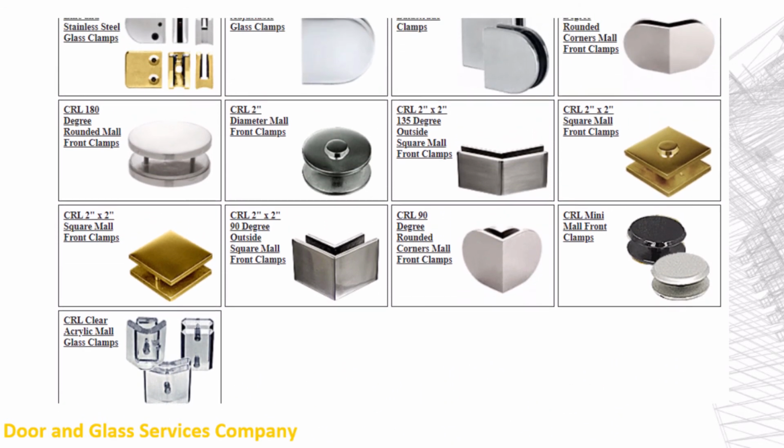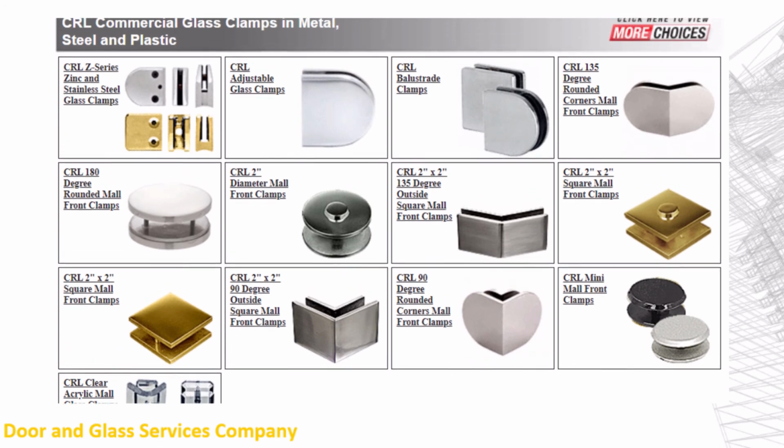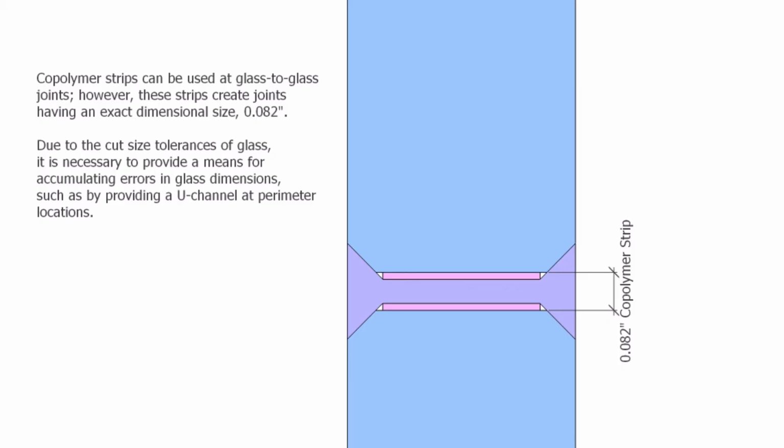Some have fasteners, some rely on adhesives. We also have an option to use copolymer strips. These are a transparent plastic material that has adhesive tape on it. The important thing about this type of joint material, it's a specific thickness, 0.82 inches.